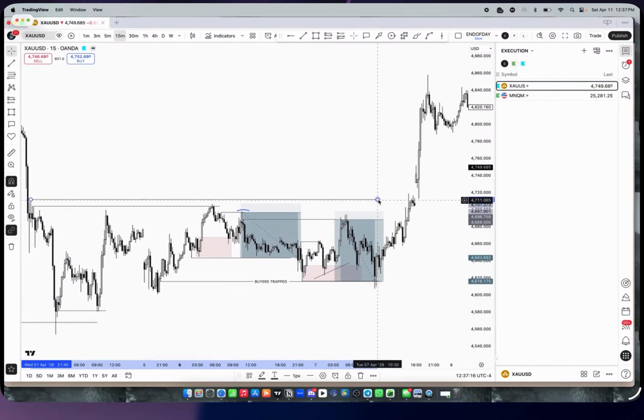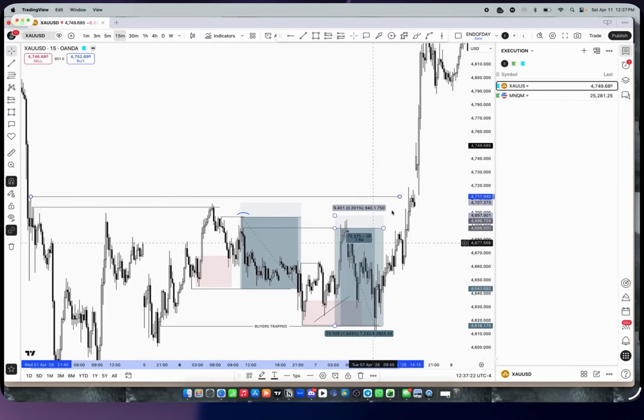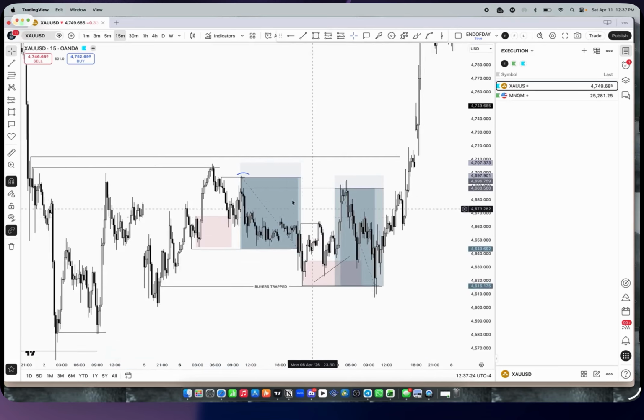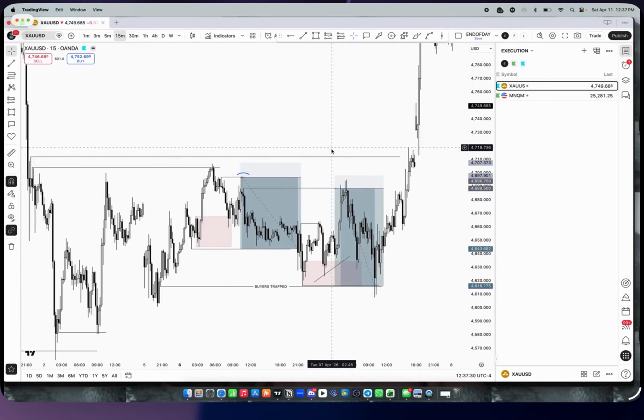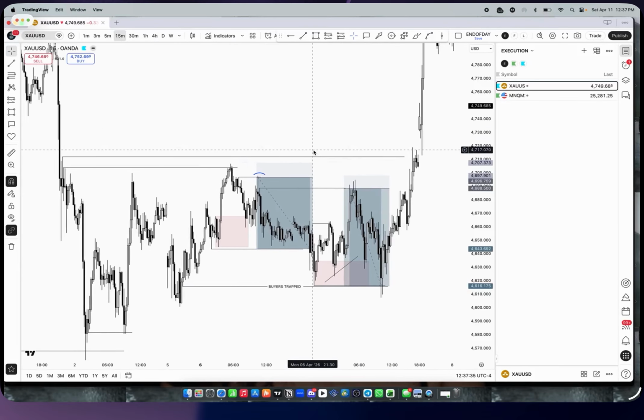So notice how, yes, these entries were counter bias, but look at the management. If you manage your trade correctly, you can get into these entries and cap your risk, get out of the market, and potentially still make a profit while playing the inverse direction.